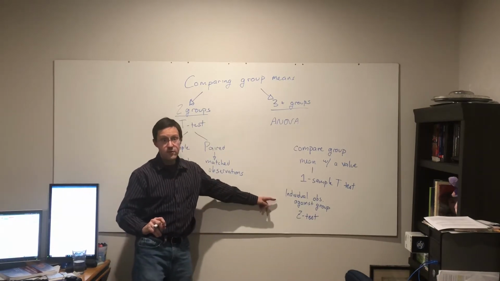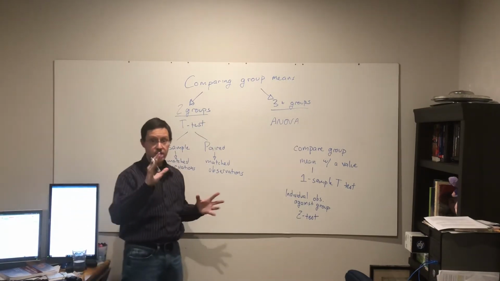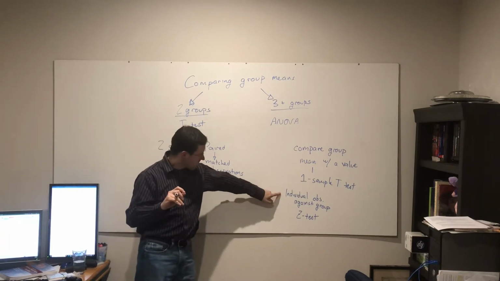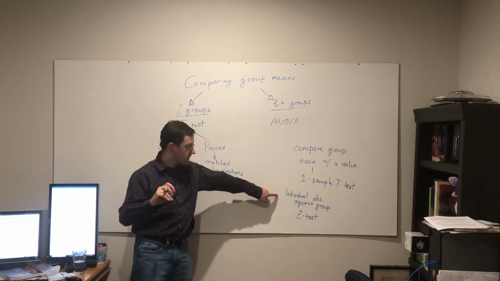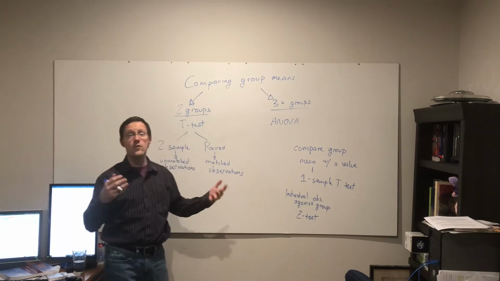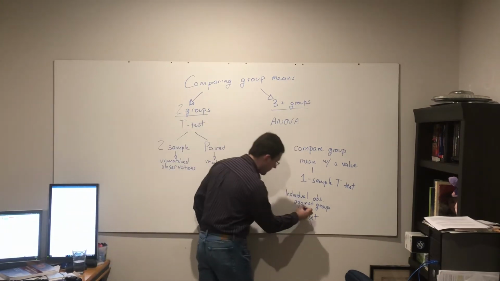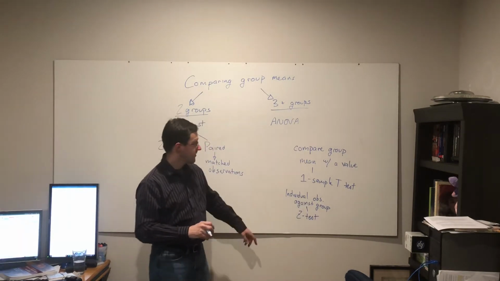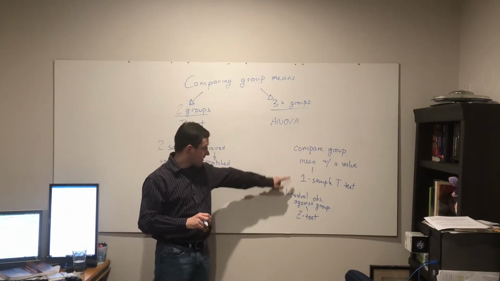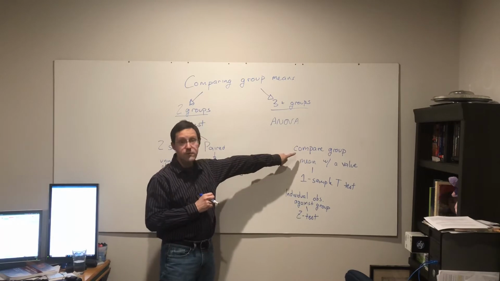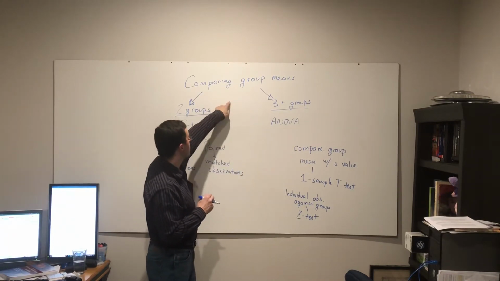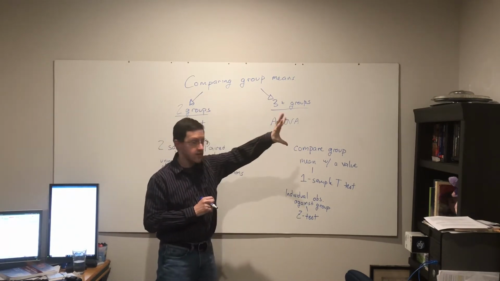Somewhat related to t-tests, uses a somewhat different distribution, but if we're comparing an individual observation, whether it fits in with the group, or is it an outlier, we would have then a z-test. The difference here, t-tests are always about an average.